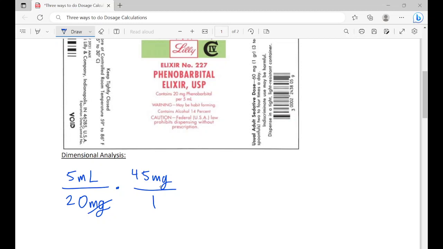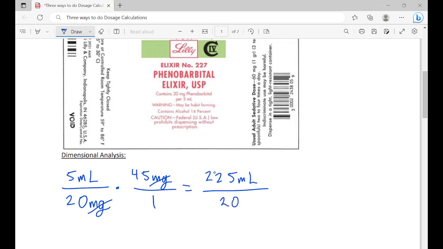And now we're just going to do the arithmetic. The milligrams cancel each other out, and nothing else will, so that's good. Now we're going to do 5 times 45, which is going to give us 225, and the unit, which is milliliter, over 20 times 1, which is 20.